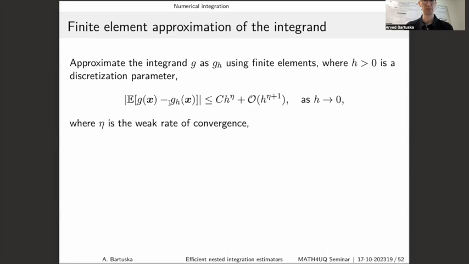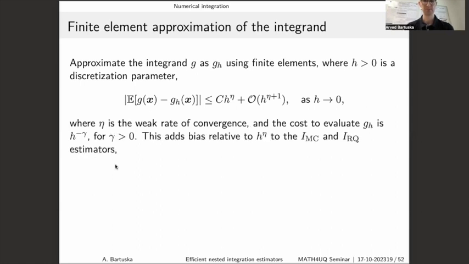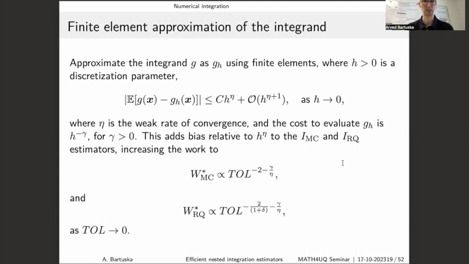Then we have the weak error with the weak error rate, which we call eta. This also introduces a cost, and the cost is proportional to h to the minus gamma for some positive cost rate. If we use the discretization of the integrand, this adds bias to the Monte Carlo estimator and the randomized quasi-Monte Carlo estimator, and this increases the cost.